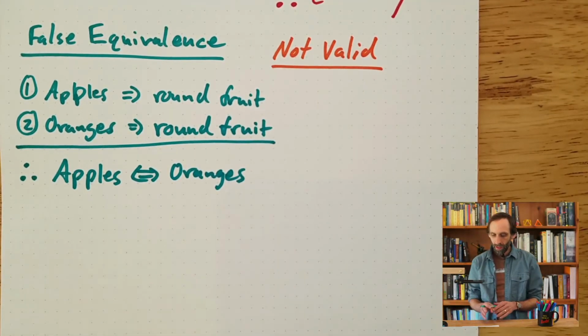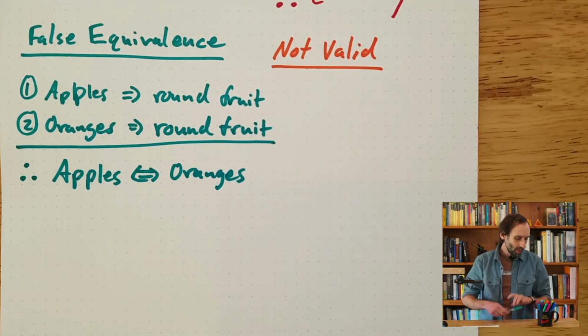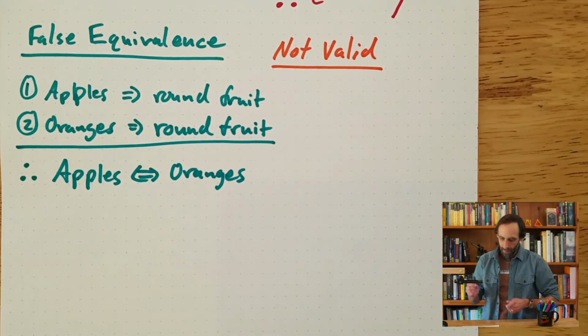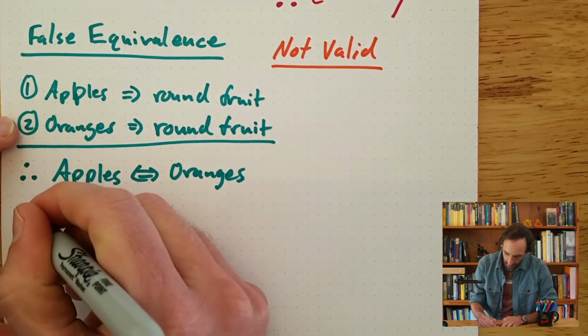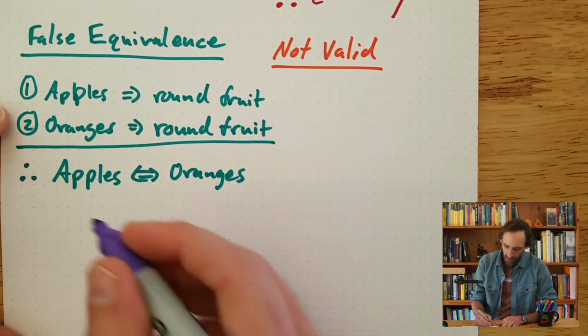And one way to sort of understand this is with a Venn diagram. So let's go ahead and draw out a little Venn diagram here. So why is it that apples can imply round fruits and oranges can imply round fruits, but apples and oranges are not equivalent?